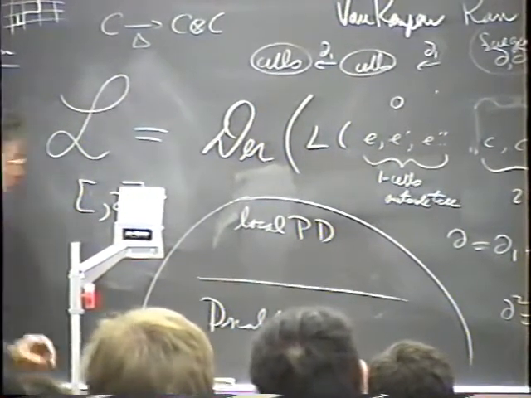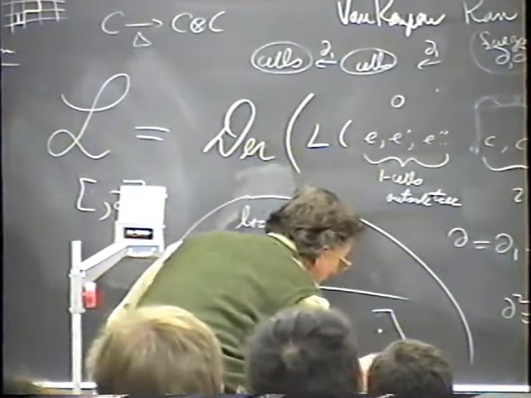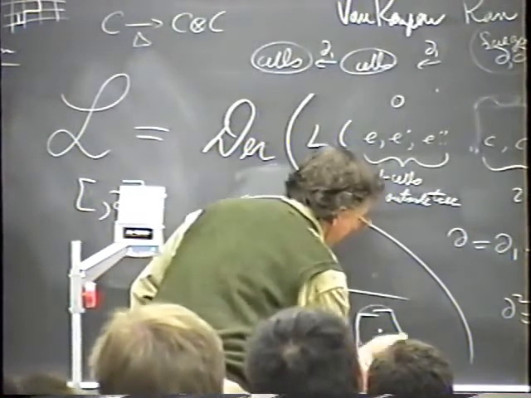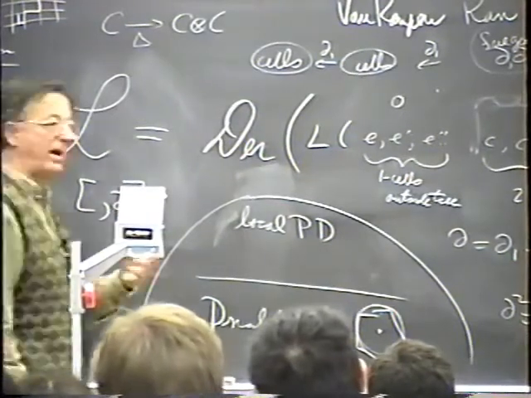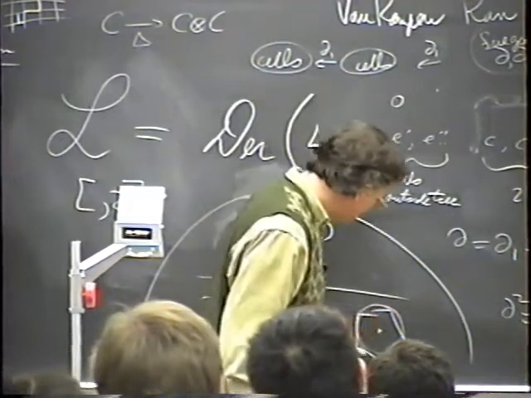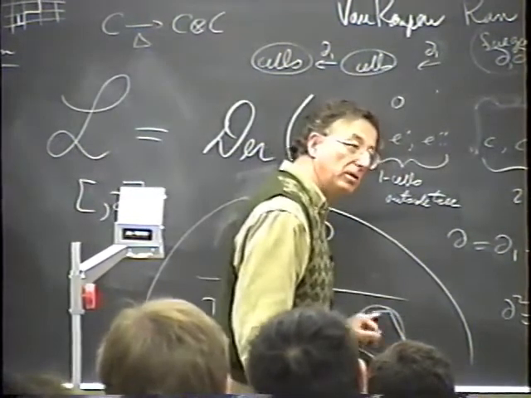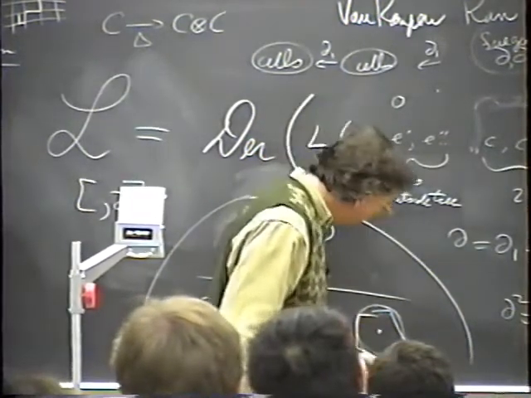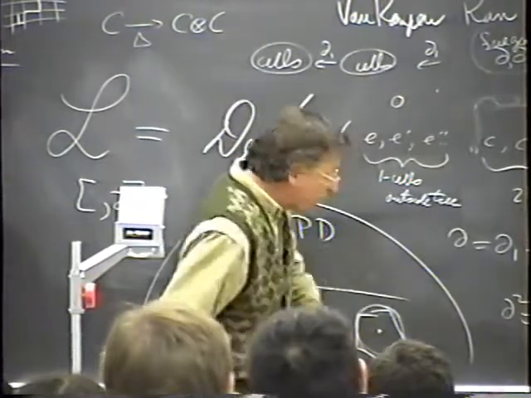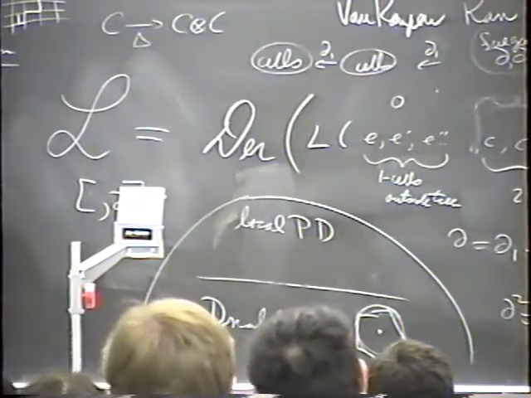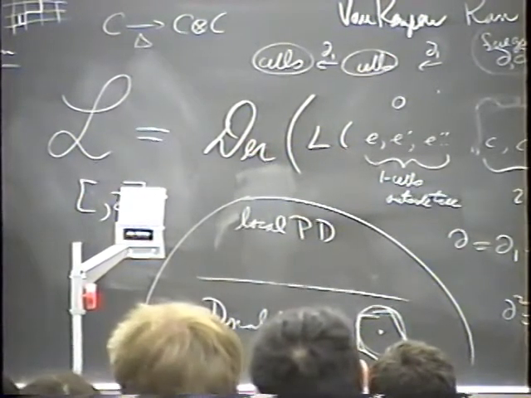What you have to know is that the local links have no flat connections. If the local links look like homology spheres with values in SU(2) and they also have no flat connections, then this thing looks like a 4-manifold as far as the Donaldson theory is concerned, and you can compute the invariants.